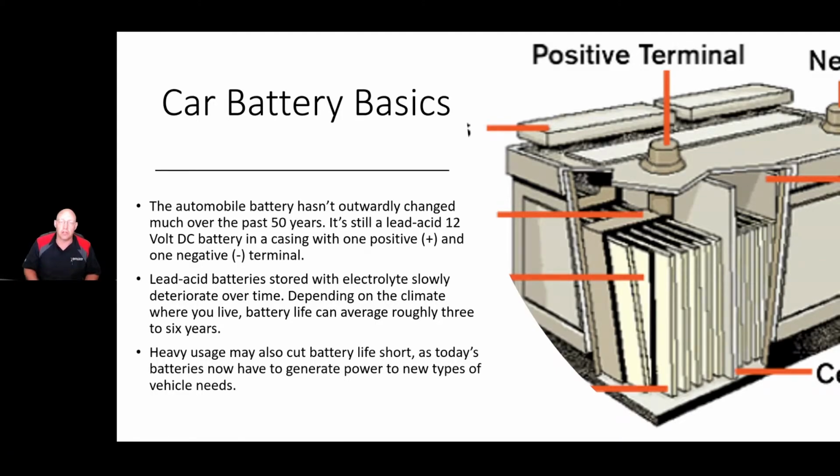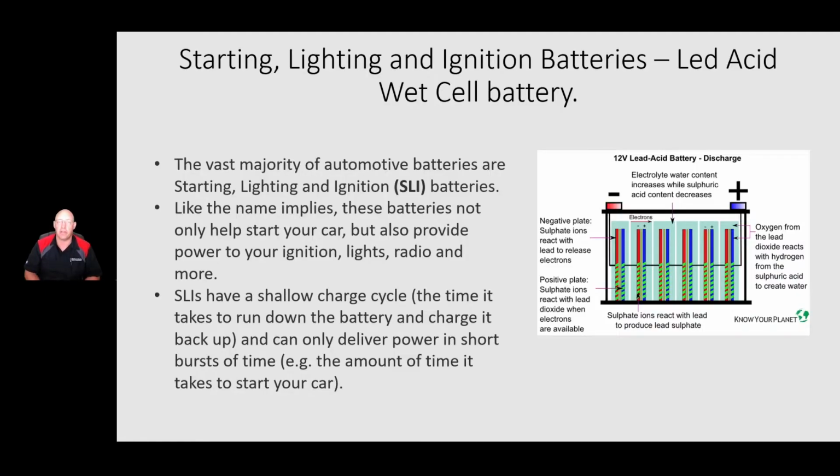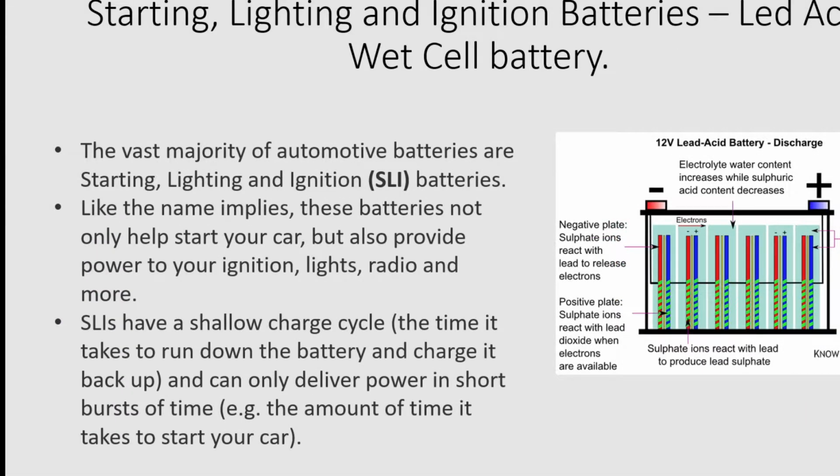Okay, so heavy usage also cuts battery life short. We'll talk about the application of heavy usage and what that can do to the battery. Hopefully you'll recognize that when we're done.